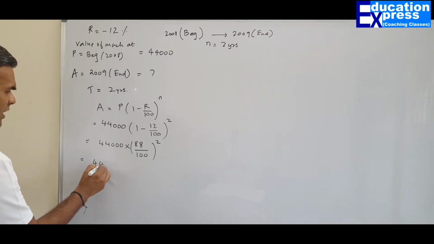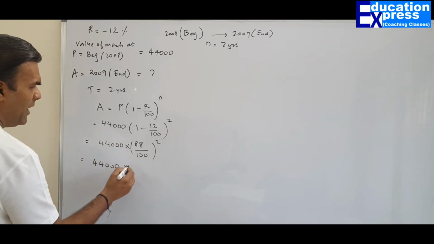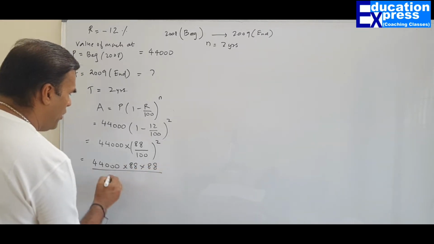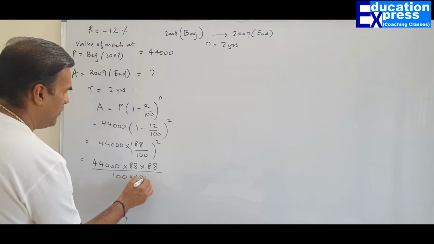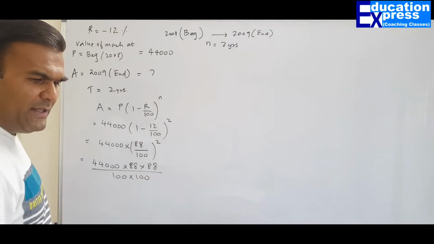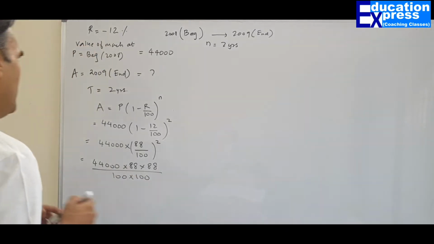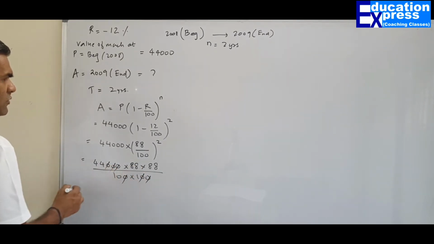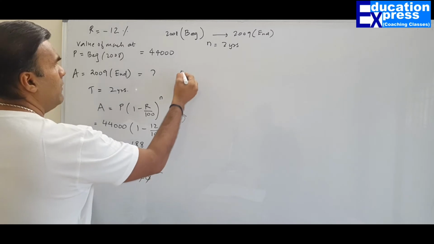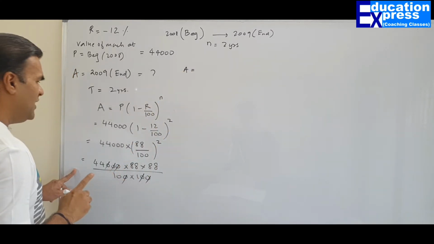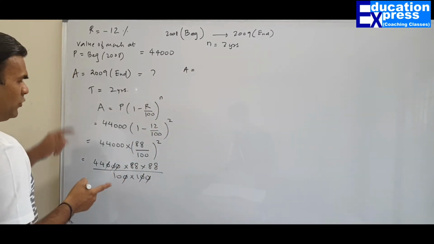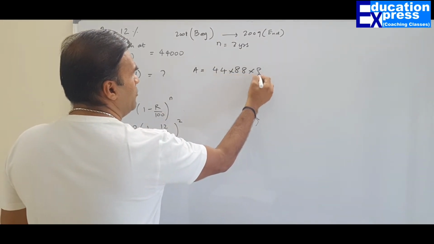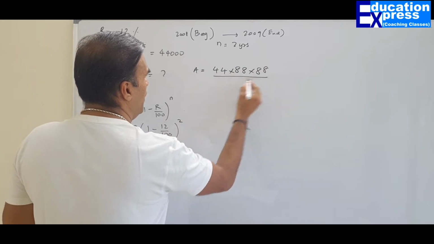So you get 44,000 multiplied by 88 multiplied by 88, the whole upon 100 into 100. I am sure this calculation can be easily done without any problem. Cancelling the zeros, here we go. We have the amount, that means the value of the machine at the end of 2 years would be 44 into 88 into 88, the whole divided by 10.